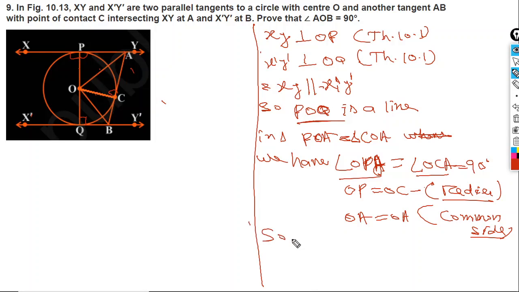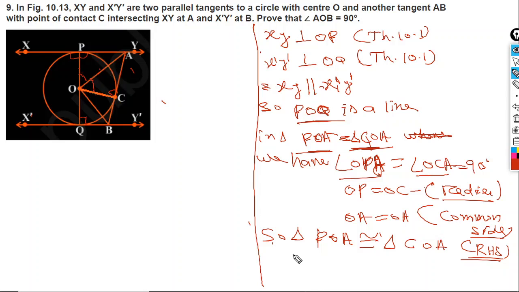So you can write triangle POA is congruent to triangle COA. The reason is RHS. As these two triangles are congruent, these two angles will be equal. That means angle POA equals angle COA. This is statement 1.